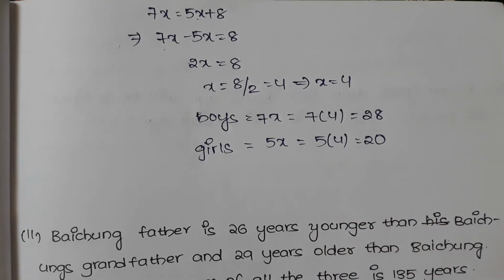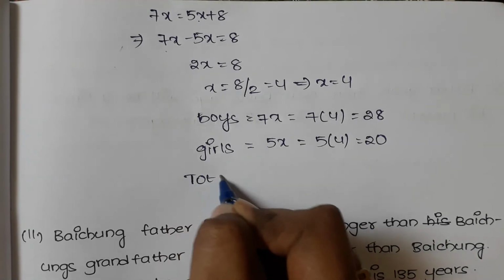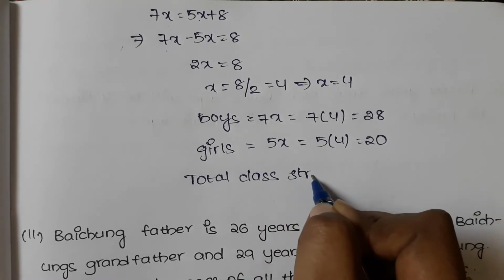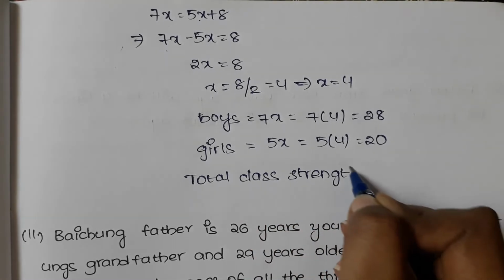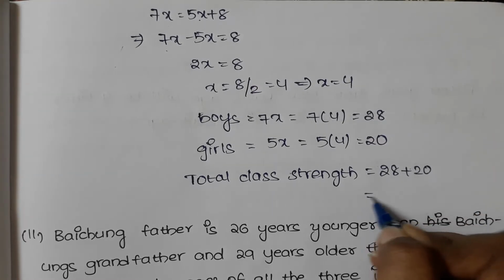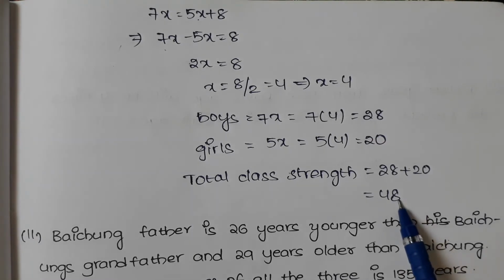And now the total class strength equals 28 plus 20, that equals 48. Total class strength is 48, and this is about the 10th question.